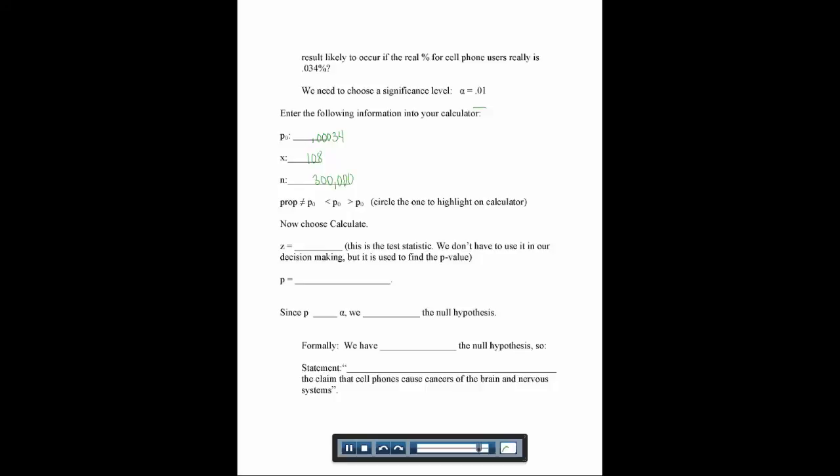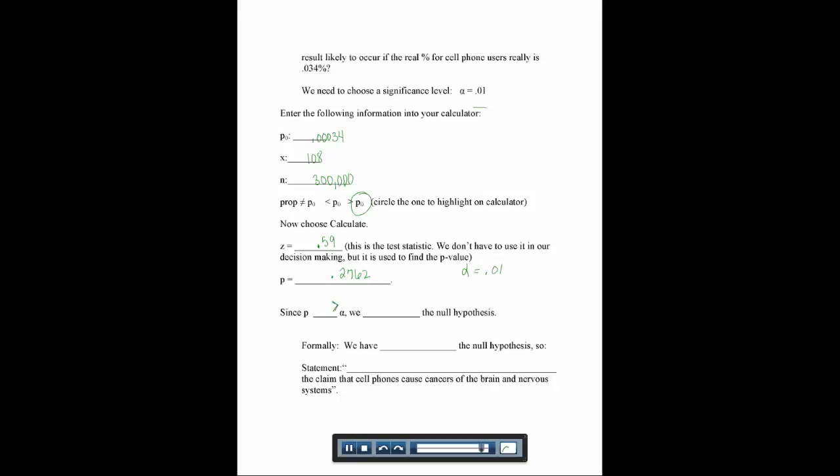Okay, and remember, our original claim was that our proportion was bigger than P0, so we're going to use the greater than symbol, and we choose calculate. So the z-value it gives us is 0.59, and the p-value it gives us is 0.2762.